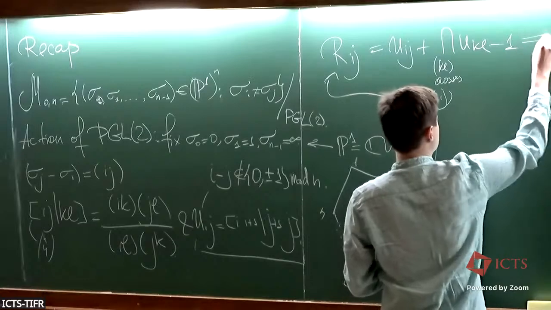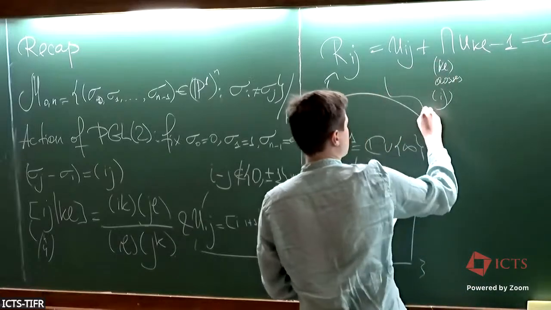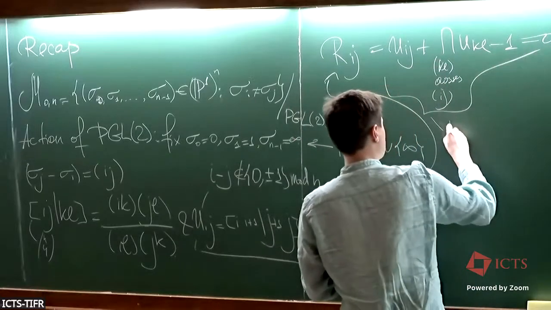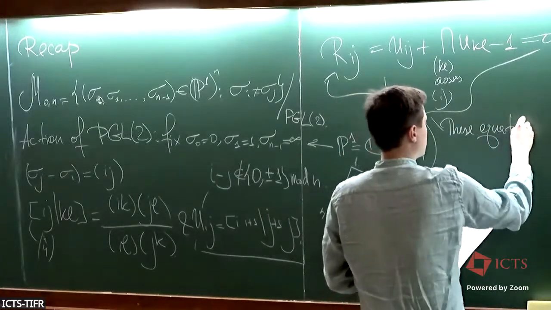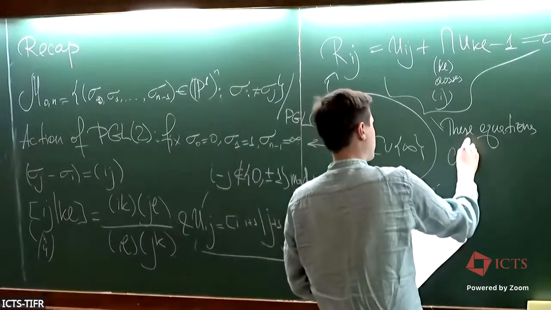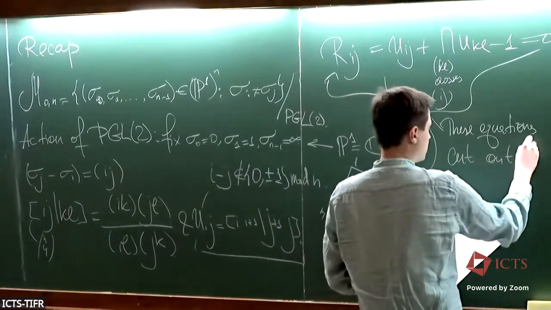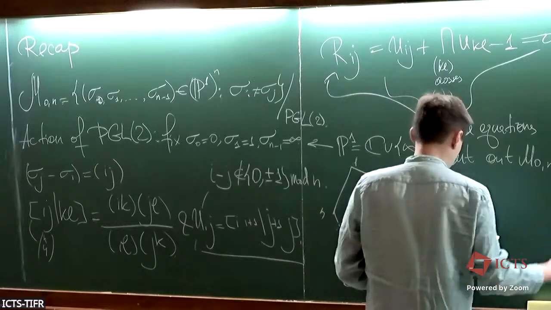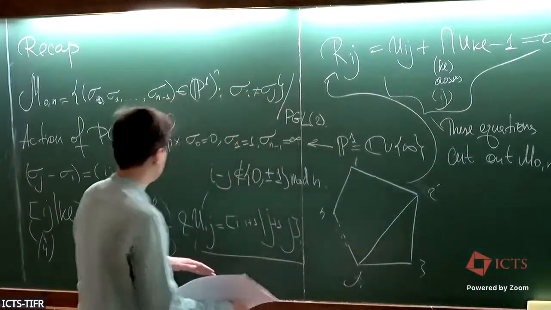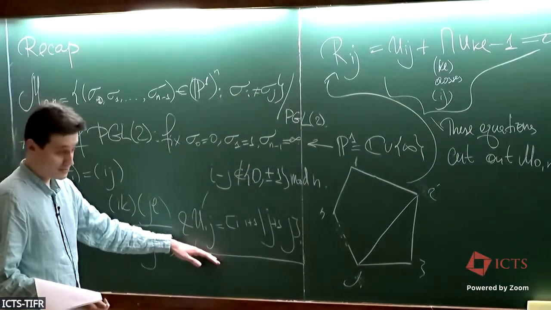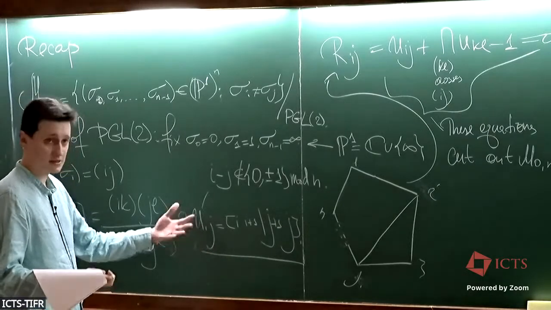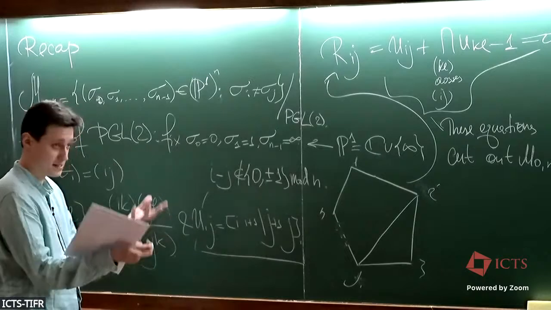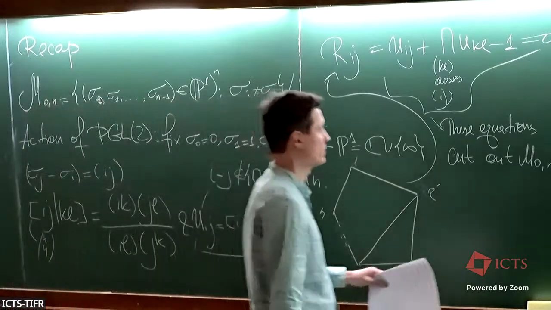Those vanish, and these equations cut out our variety M0n. We will use these coordinates to construct a likelihood function or a scattering potential. Then today we will use this function to solve a physics problem, to compute the so-called CHY amplitude.